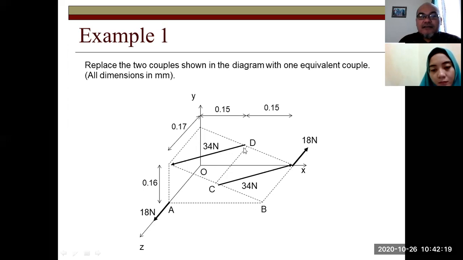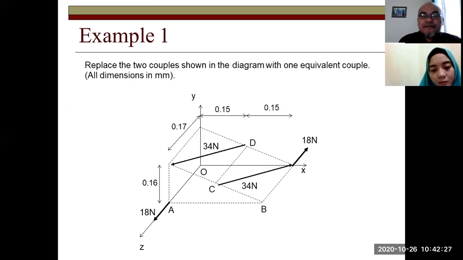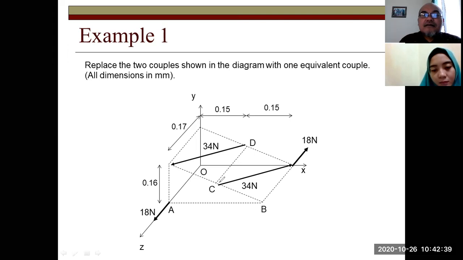The j component is in the y-axis, 0.18, half of this 0.16. So what we are calculating here is actually this factor.